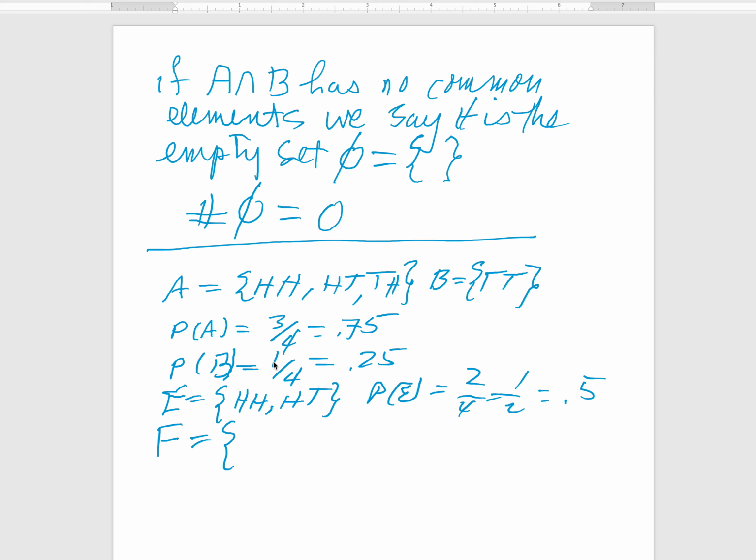Well, that means it's head, tail, tail, head, and tail, tail. What's the count of that set? The number of items in it are 3. So our probability here of getting F is 3/4, or 0.75.